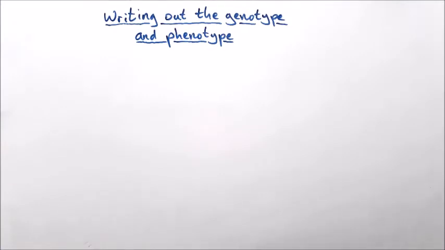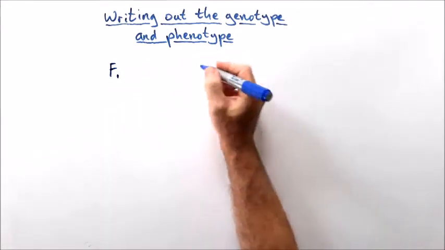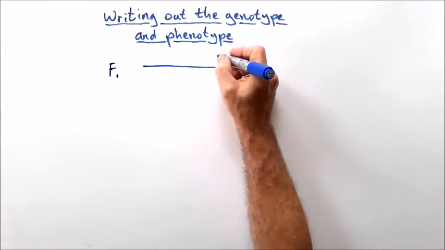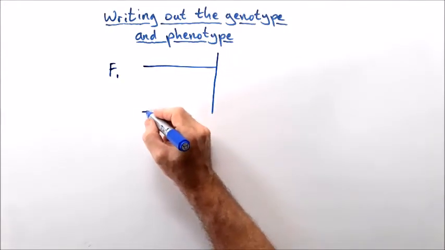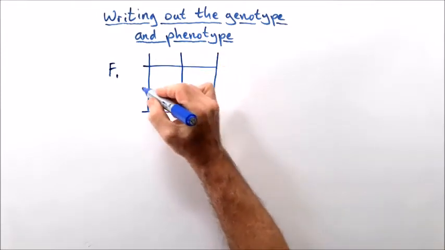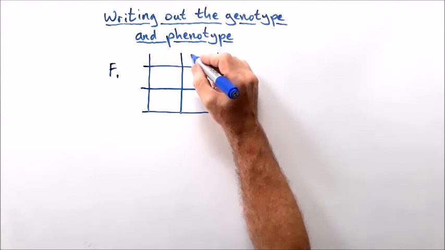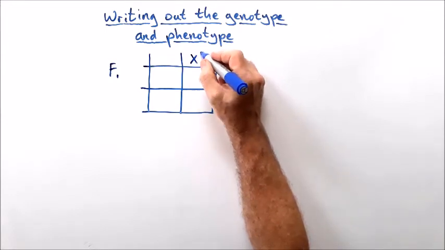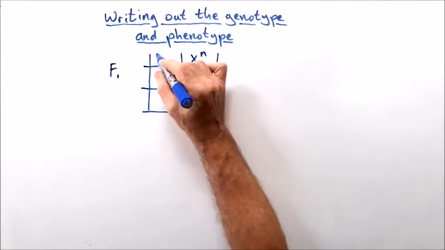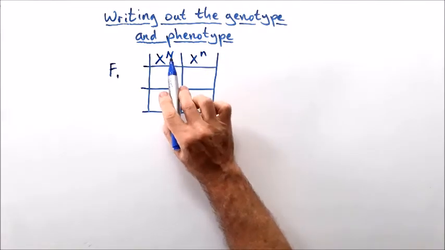Now I'm going to do an example of a rather complicated genotype and phenotype expression, but to do that I'm going to start with the F1 generation, and because this is going to help me write out the genotype and the phenotype, I'm going to give myself a fair amount of space over here. I'm going to write the gametes of the female at the top here, and I'm going to use the example of color blindness.